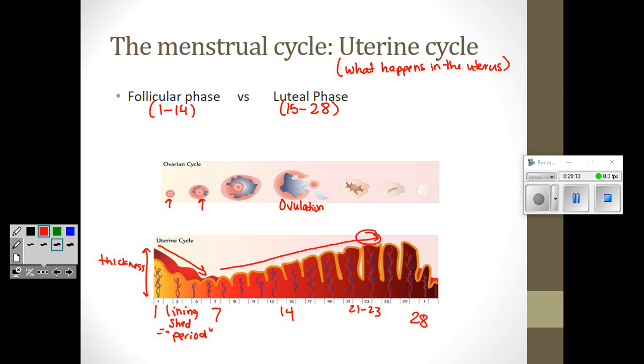And it takes some time for the egg to be moved from the ovary to the uterus. So the uterus is its thickest when the egg would actually get there, not when the egg is released. So this particular spot here is when the most probable implantation would take place.